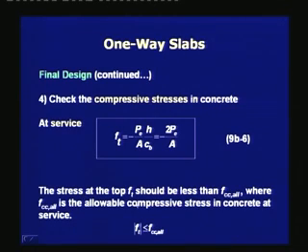The stress at the top Ft should be less than FCC allowable, where FCC allowable is the allowable compressive stress in concrete at service. Here also we are expressing this relationship as the magnitude of Ft should be less than FCC allowable. Note that the allowable compressive stress at transfer and the allowable compressive stress at service are different.